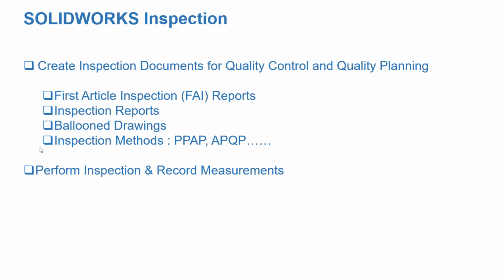To create inspection documents for QA, that is quality control or quality planning, for example first article inspection, inspection reports, or balloon drawings, or inspection methodologies like the PPAP process or the APQP process. For these things we use SolidWorks Inspection to create the reports, to perform the inspection, and to record the measurements with respect to the tolerance requirement.